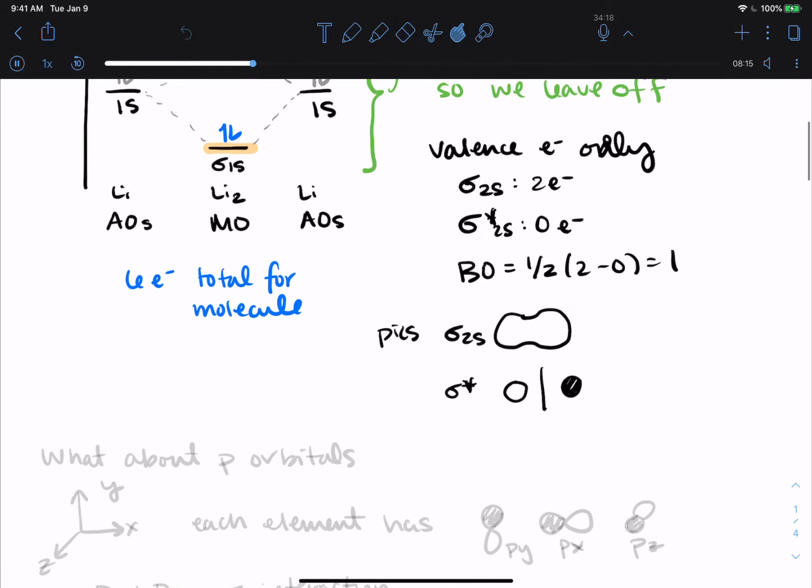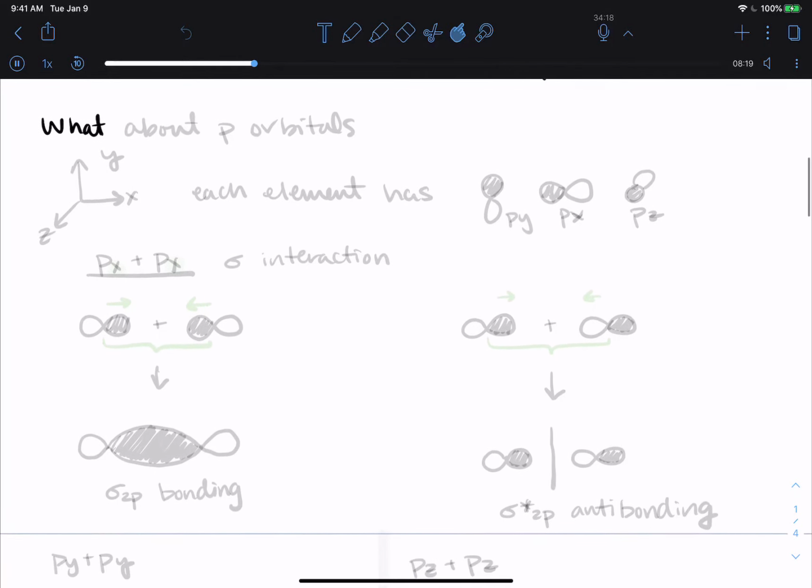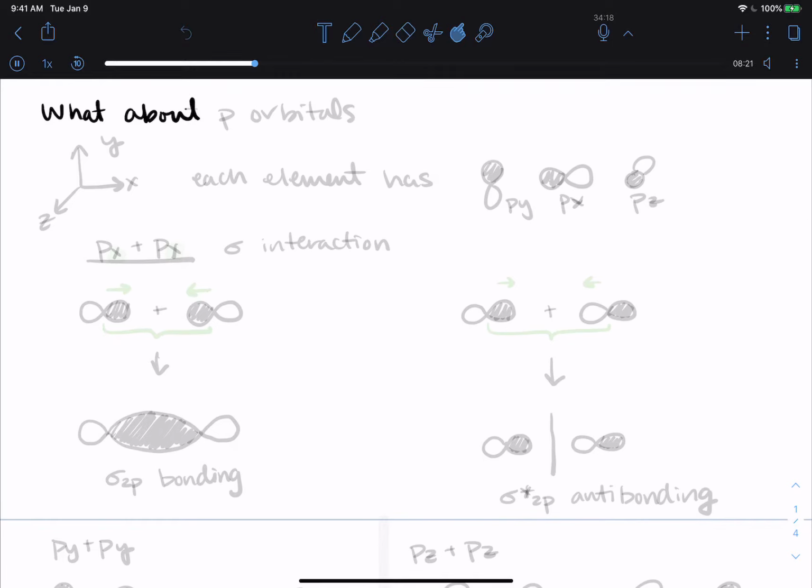I do want to start looking at p orbitals. So what about p orbitals? Just like with the s orbitals, and just like I described in the intro, we're only going to combine the ones that are of the exact same type.